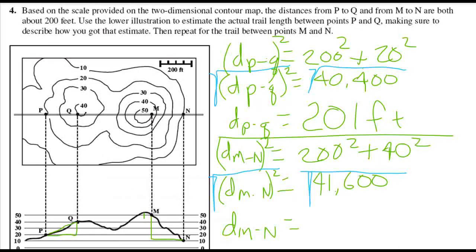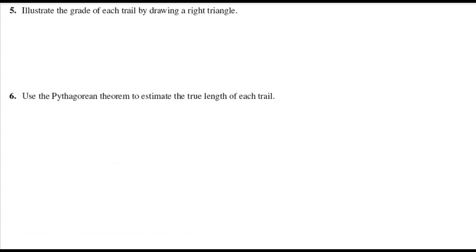That's actually 204 feet. So the walking distance from P to Q is 201 feet. The walking distance from M to N is about 204 feet. Okay? So it makes a little bit of a difference, not enough to really worry.